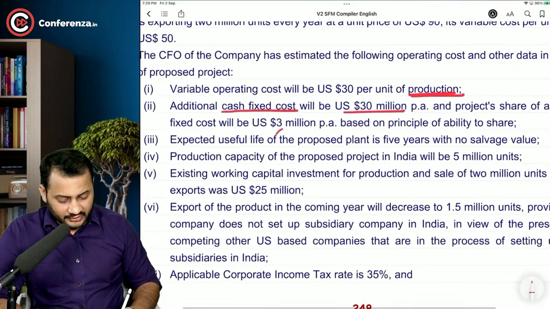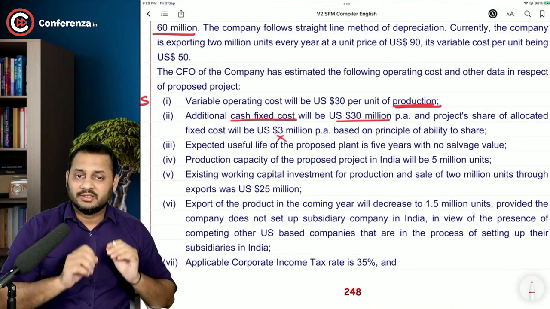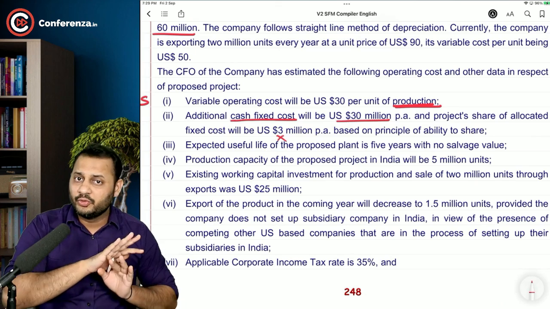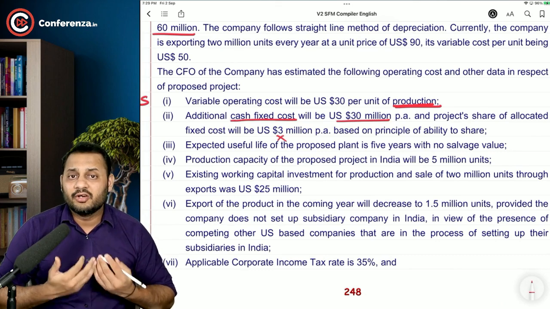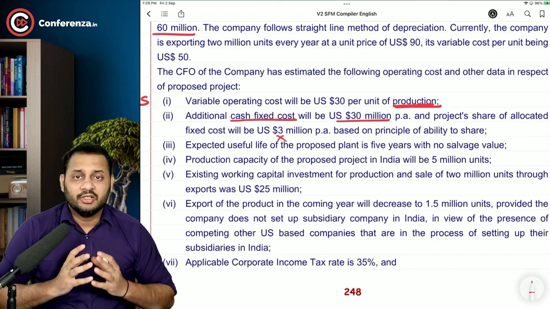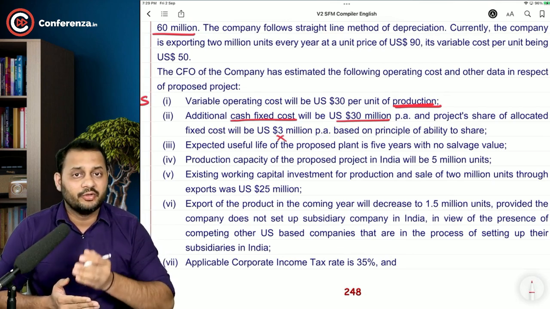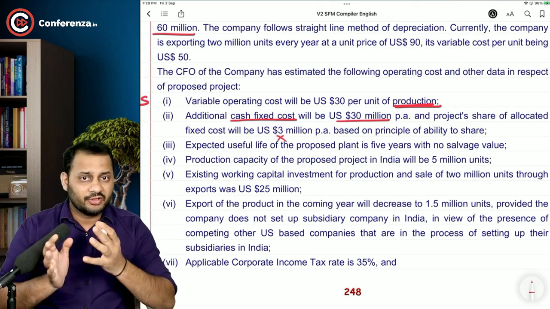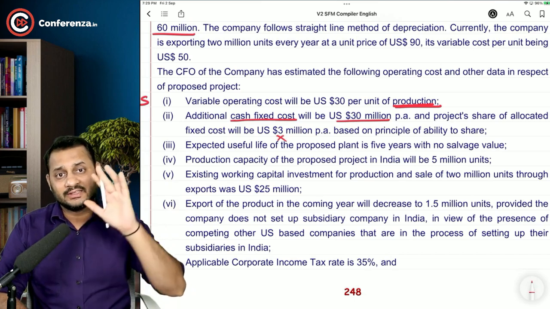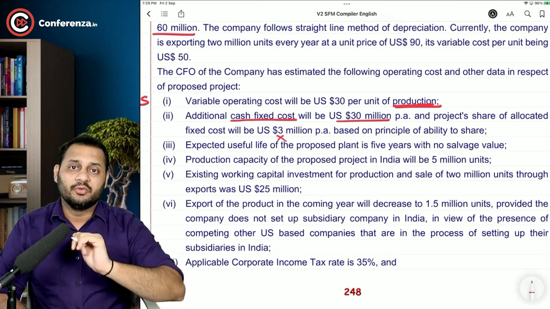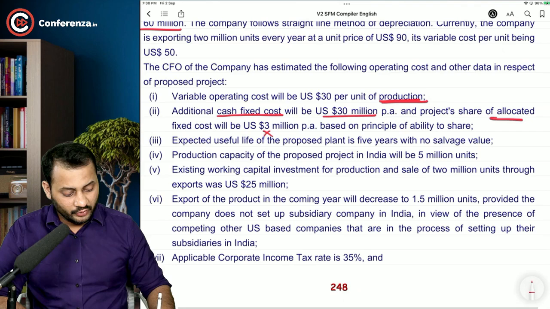And I am ignoring this $3 million because $3 million is just allocated fixed cost. This cost will be incurred even if you do not set up a subsidiary. So this cost is not incurred because of the subsidiary. Your decision to incur this cost will not change if you do not set a subsidiary or if you set up a subsidiary. This is just because you have set up a subsidiary, they have transferred some share of expenses that they are already doing to the Indian subsidiary, which is not a cash flow. It is just an allocated expense.